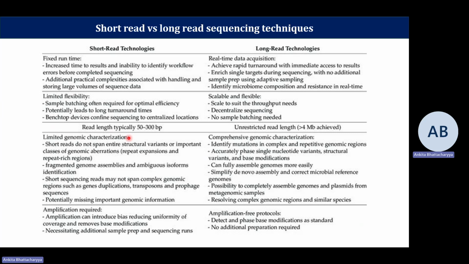Why so? When we talk about short read sequencing technologies, they are not actually taking large regions into consideration. Think of it like a long thread. When you chop that thread into smaller pieces and then try to tie it back together, it will not be the same, right?